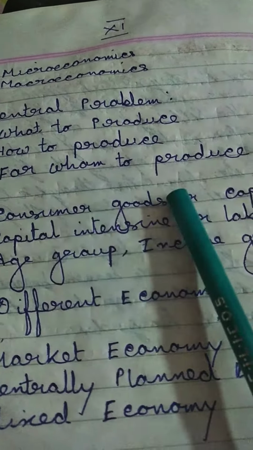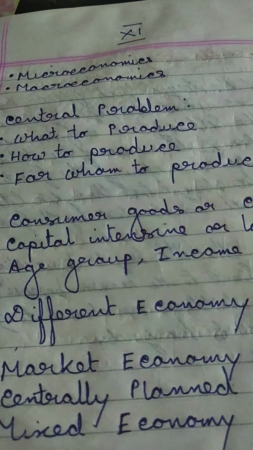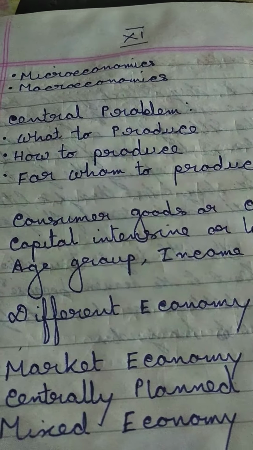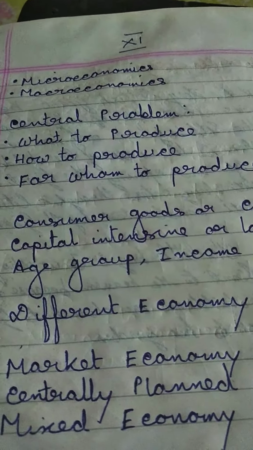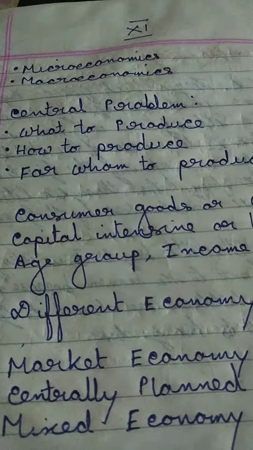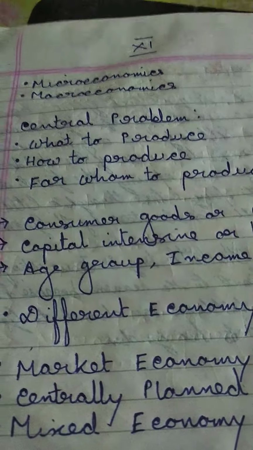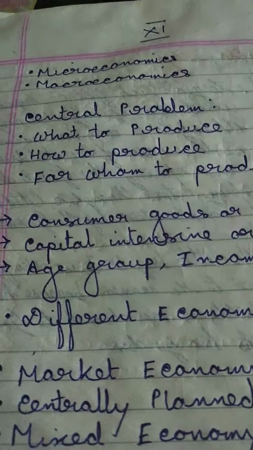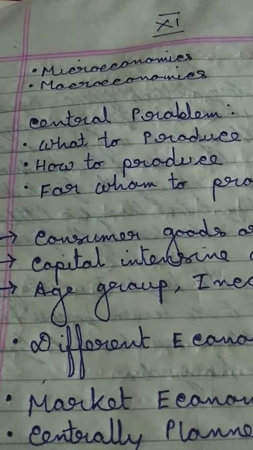Third part, for whom to produce. For whom to produce means you have to choose the consumer groups. Maybe it depends upon the age group.